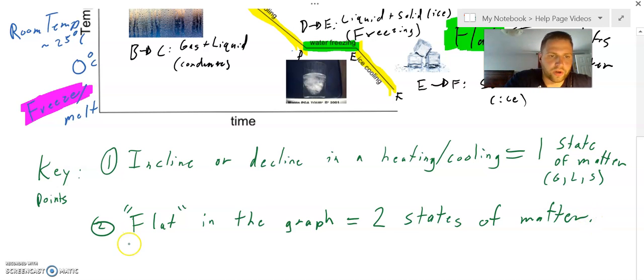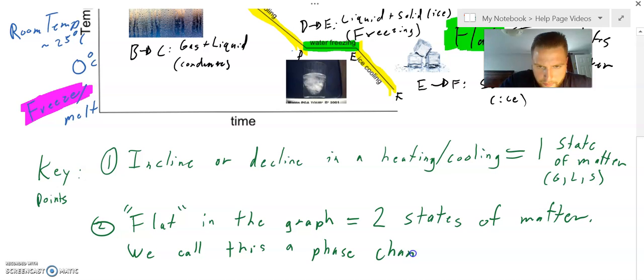We call this a phase change. So the combinations you'll have here will always be solid plus liquid or liquid plus gas, never solid and gas together.